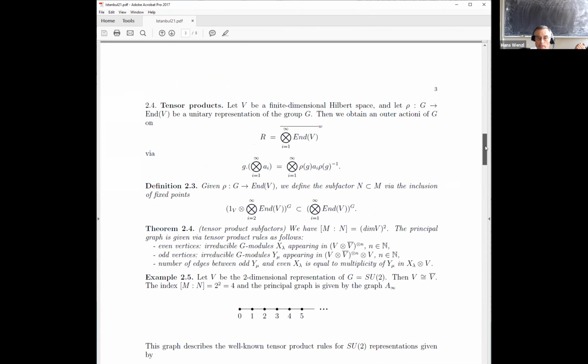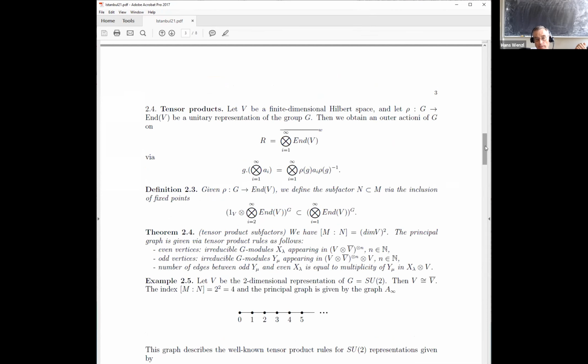Another class is given by another type of outer actions of a group.